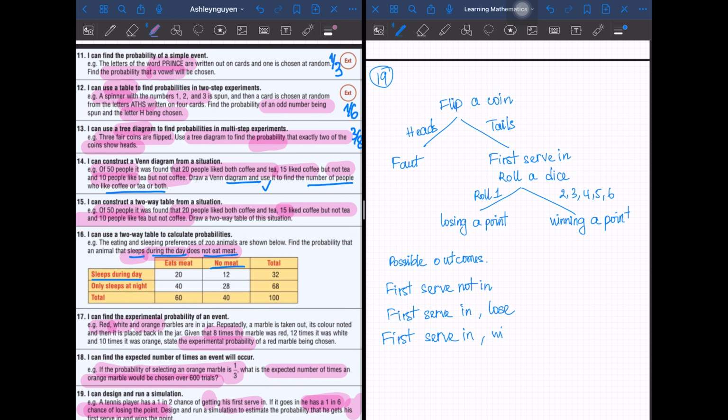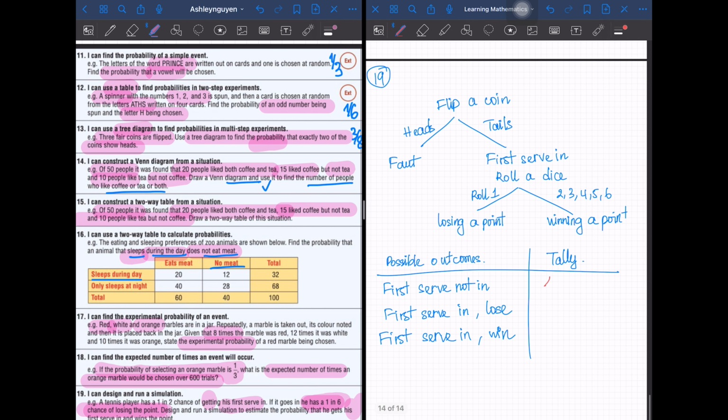So I highly recommend you create a tally table. Let's say you have 3 different possible outcomes here, A, B, C. So whenever you flip a coin and you have a head, add 1 to A over here.